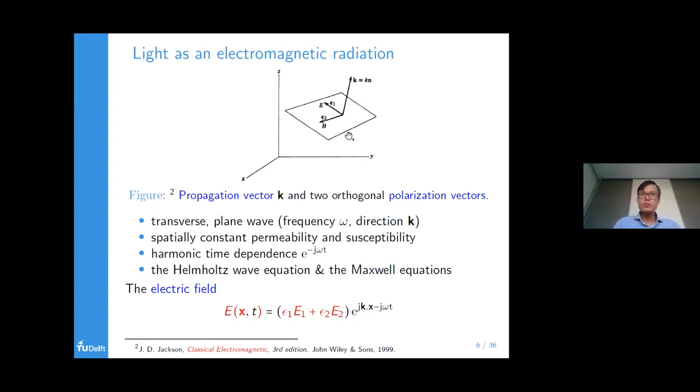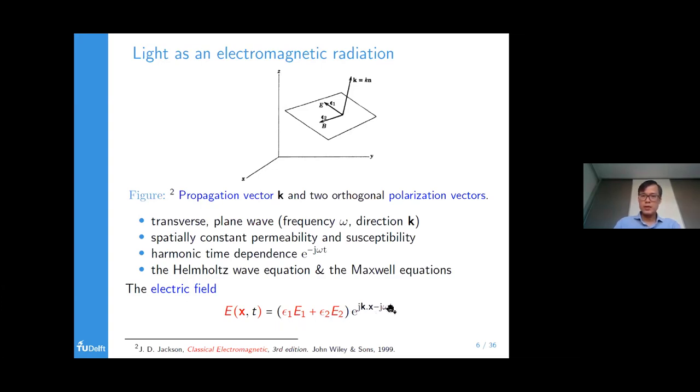And the general solution for the electric field is a linear combination of these two independent solutions. So the electric field at the point x at time t takes this form. It's a linear combination of the two particular solutions.